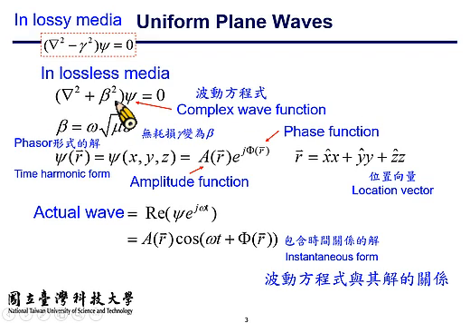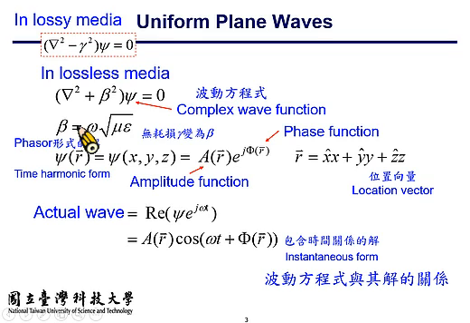And next, as I mentioned earlier, beta is referred to as the phase constant. It can be expressed as the product of omega, the angular frequency, times the square root of mu times epsilon. Mu and epsilon are permeability and permittivity.